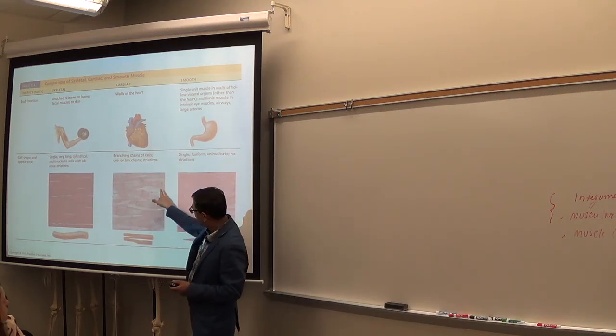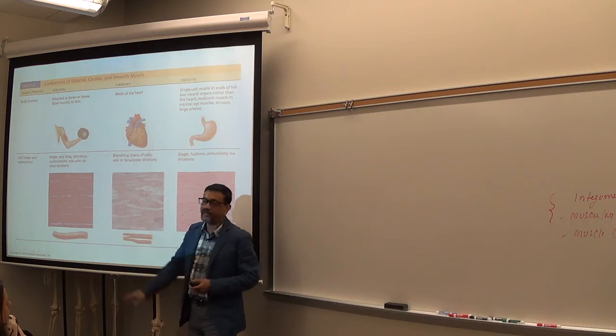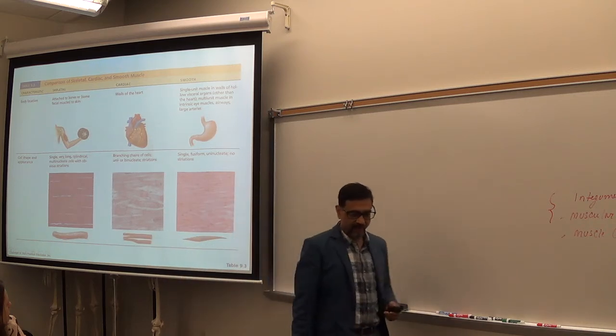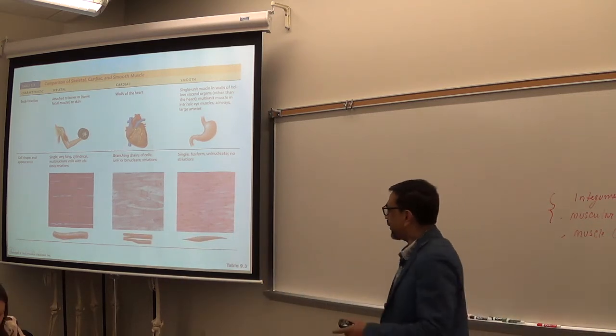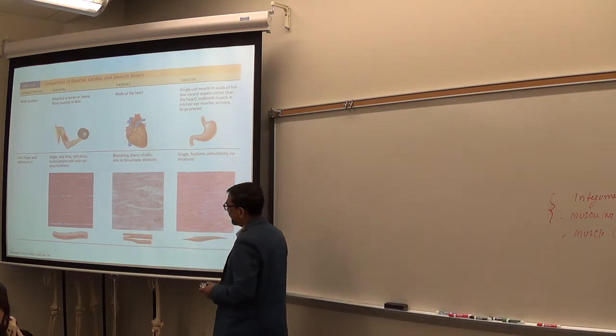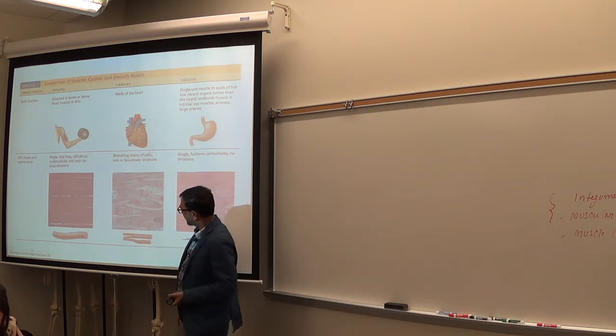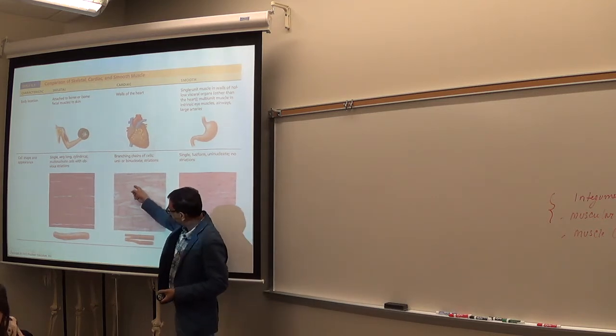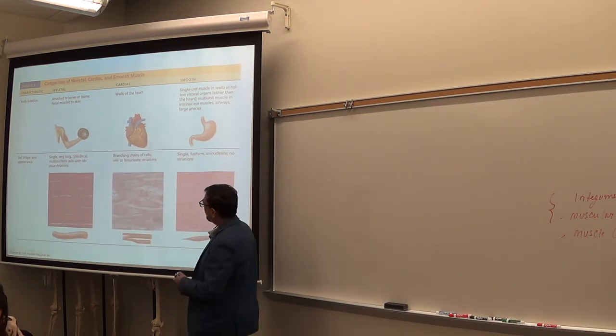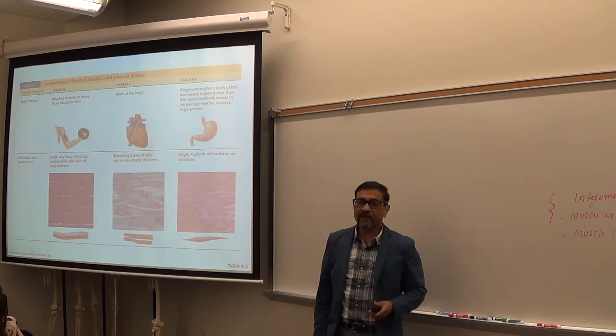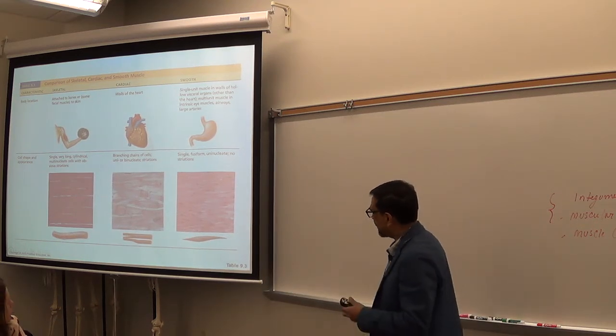These thick lines you see, bands, intercalated discs, only present in cardiac. And another thing you have in cardiac, which is not present in skeletal, is branching. Okay, so that's the cardiac muscle tissue under the microscope.